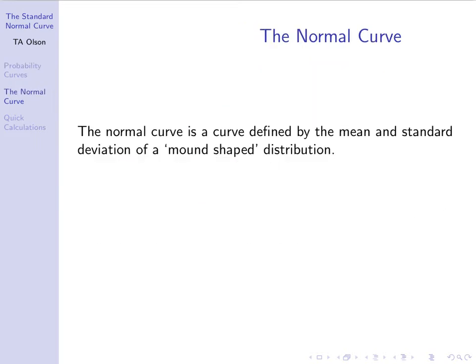Now, a normal curve is defined by the mean and the standard deviation in this mound-shaped distribution. The mean is going to be in the middle, and the standard deviation is going to tell us where these distances are. So if I know those two things, I can create a nice normal curve around my data and use that for my approximate calculations.